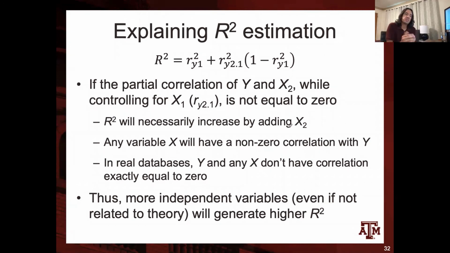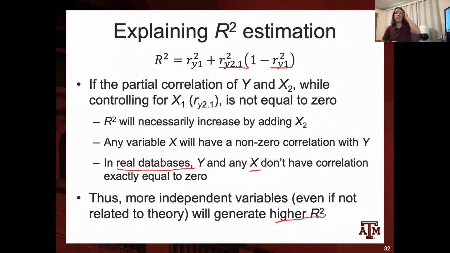What happens is that in any real database, Y and any independent variable don't have a correlation exactly equal to 0, so this number will never be exactly 0, and this number will never be exactly 0. The more independent variables we include in the model, the higher the R-square will be.